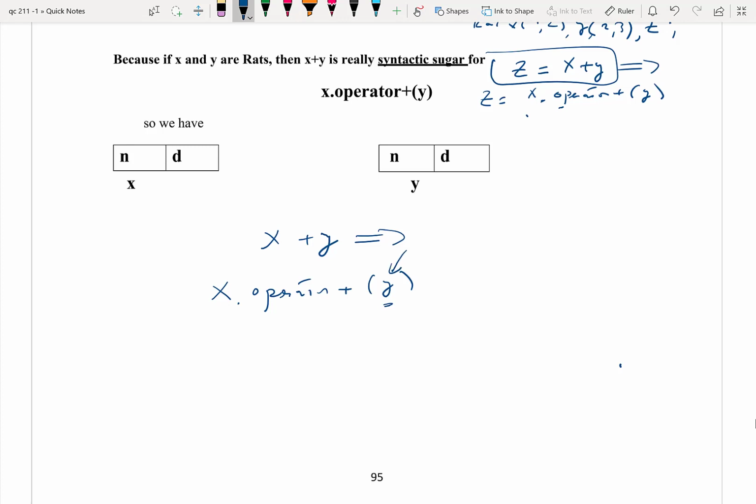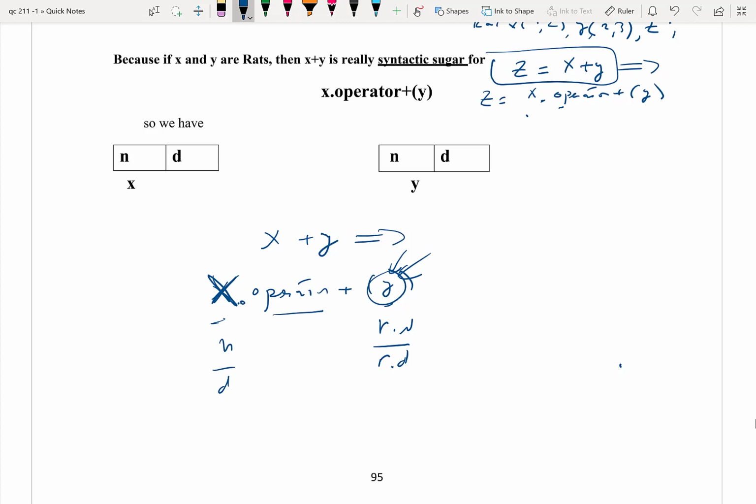Well, it seems that there's only one argument over here, right? I mean, x here is on the outside, so it's x dot operator plus of y. And we said that if I want to use x's numerator and denominator, I simply call them n and d. And if I want y's, I call them r dot n and r dot d. Okay, that's all well and good, and I understand how I can say r dot n, r dot d, because y is explicitly passed in, right?